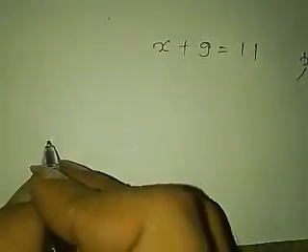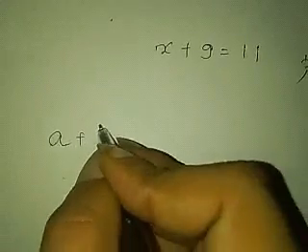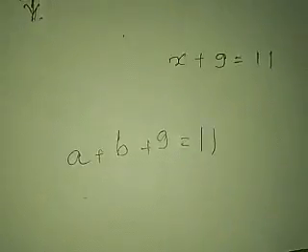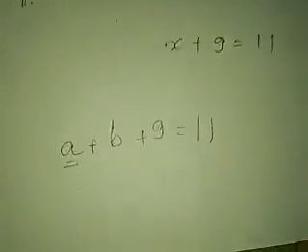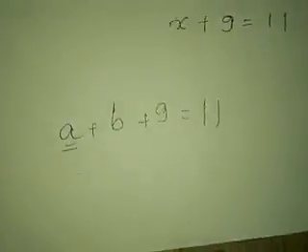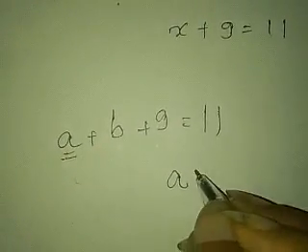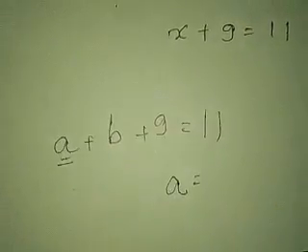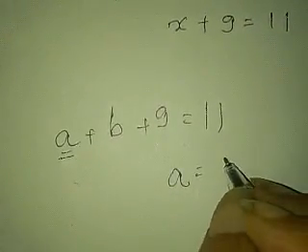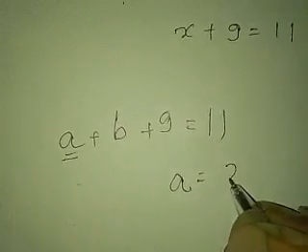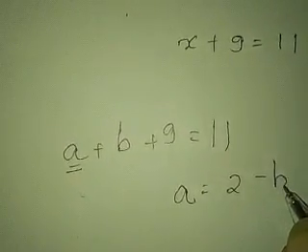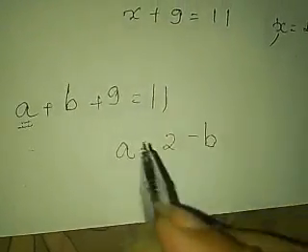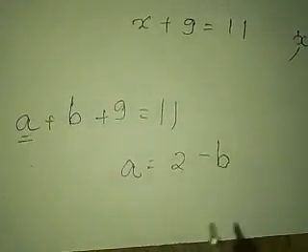Oh, I should give you another question then. a plus b plus 9 equals 11. And now tell me the value of a. You can say it will be 2 minus b, and that is not a number, because b is also a variable here.